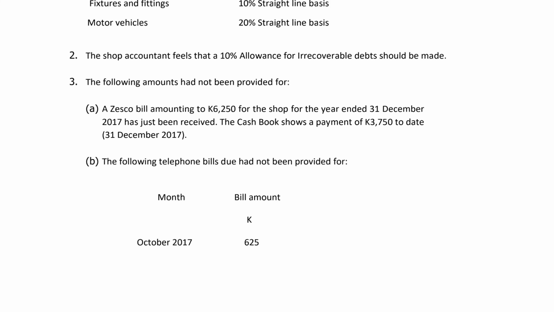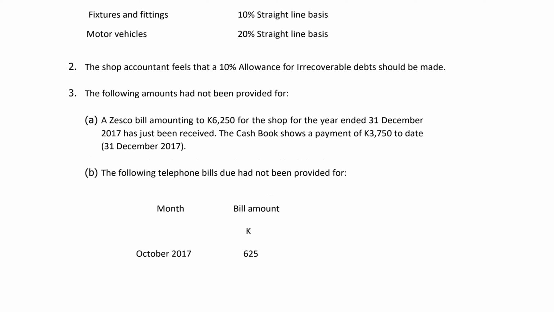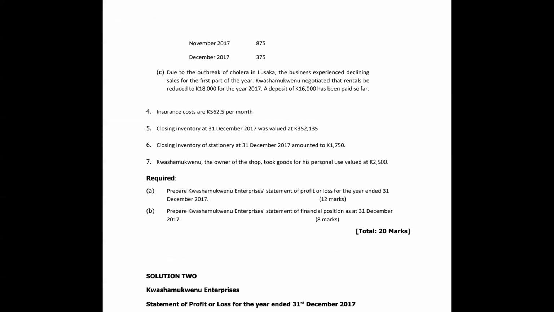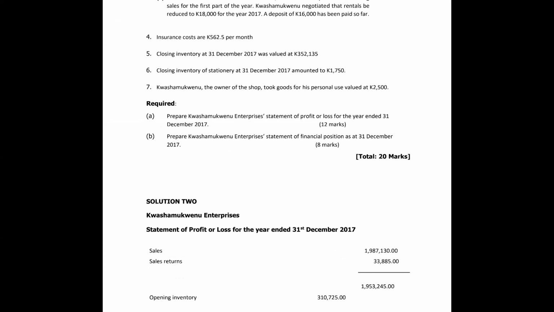The following telephone bills due had not been provided for. So there is again an outstanding telephone bill of 625. You have not yet paid it. So those are accrued. Under telephone, where there was some expense, you should add that again so that the expenses go up for telephones. Then the insurance costs are 562.5 per month.